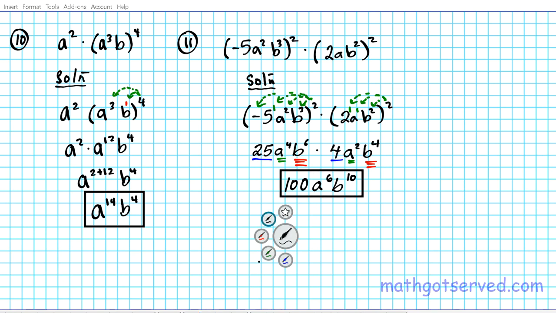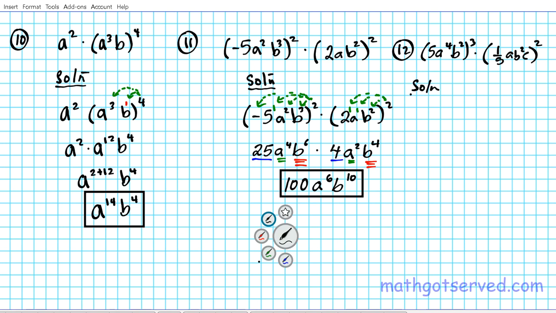All right, let's take a look at number 12. So for question 12, let's say we have 5a to the 4th b squared, raised to the 3rd power, times 1 over 5 a b squared c, raised to the 2nd power.